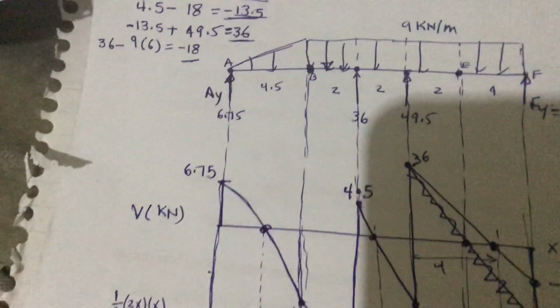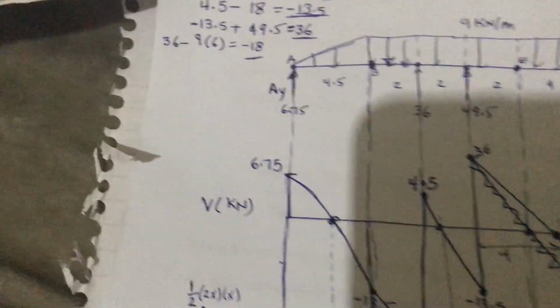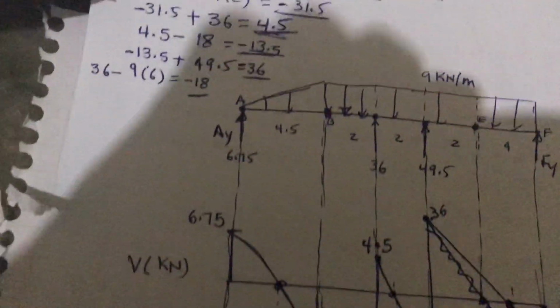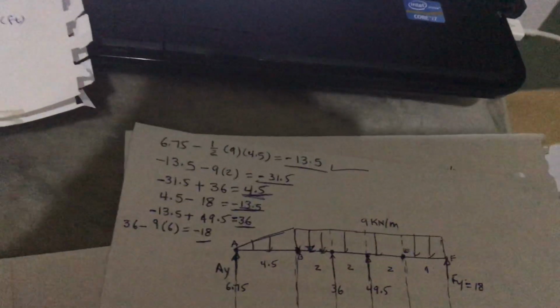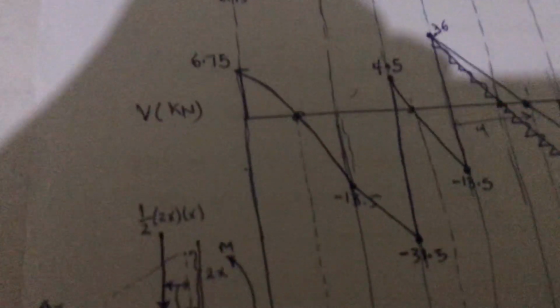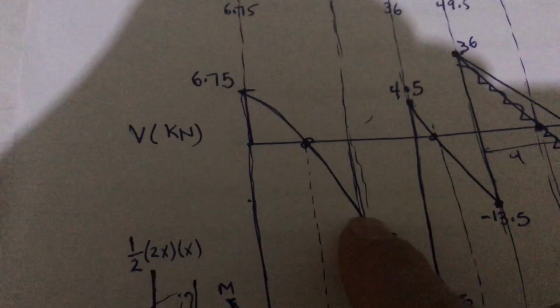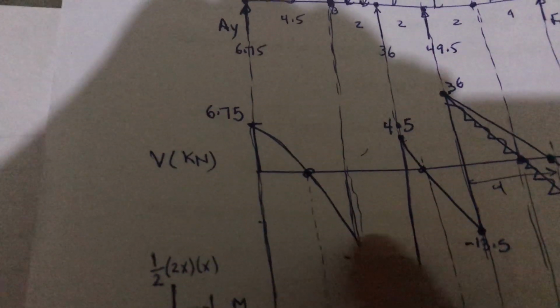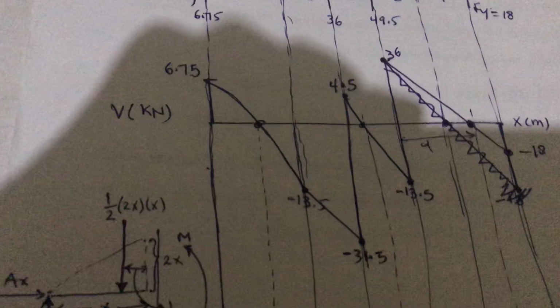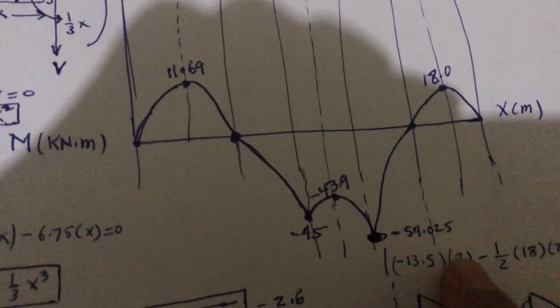Let's bring a pen. So, this rectangle is minus 13.5 times 2. So minus 13.5 times 2.